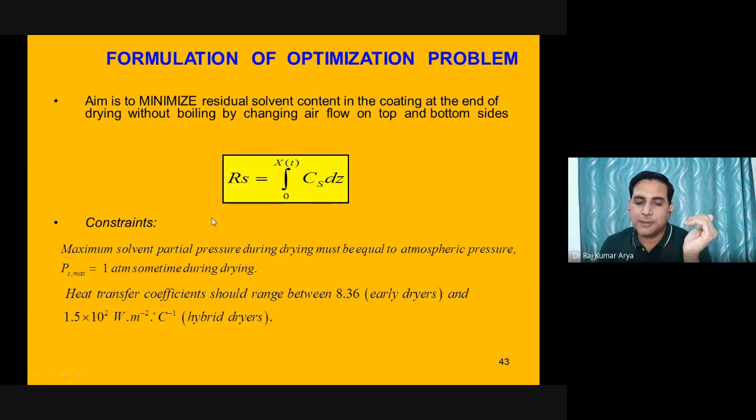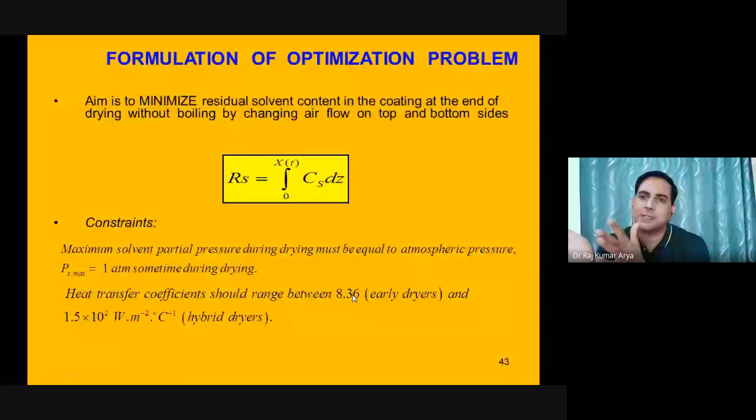Now these are the ranges of heat transfer, the maximum practical possible range. So you know the range of my heat transfer coefficient, or practically your airflow rate, the forced convection heat transfer. If you don't have airflow, just like at room temperature without a fan, your heat transfer coefficient would be 8.36 watt per meter square per degree Celsius.